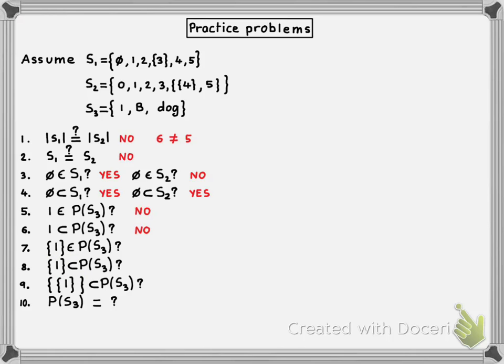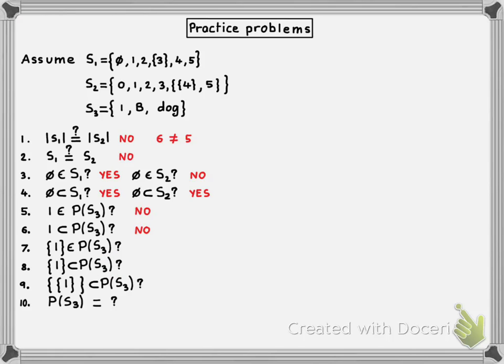Well, let's think about this. What are the elements of the power set of S3? It's all the subsets of S3. So what this is asking is, is the singleton set 1 a subset of S3? If the answer is yes, then the answer to this problem is yes.